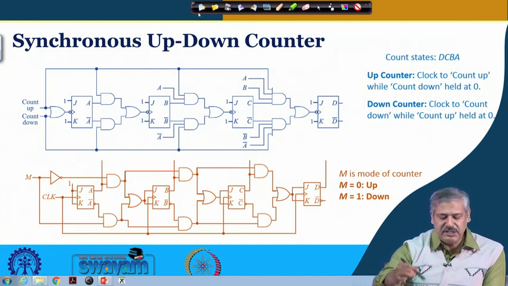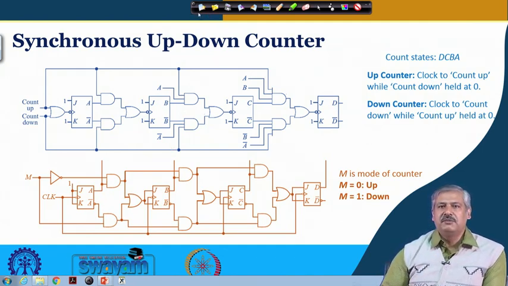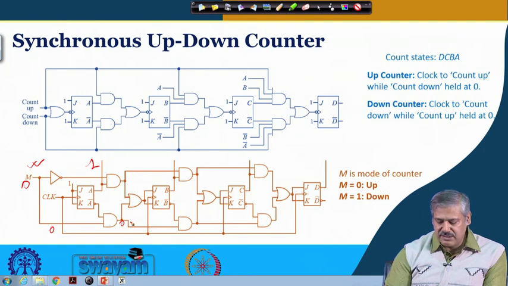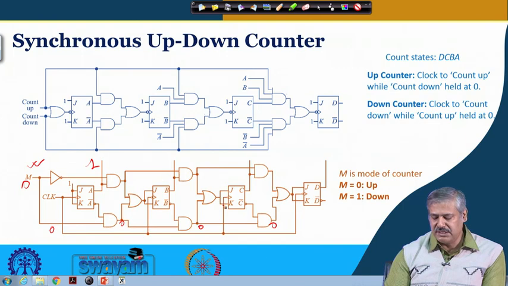And in the other arrangement, again similar to the asynchronous up down counter, we can have a mode control input. When it is 0, then this is 1 and this is 0. So, all these AND gate outputs will be 0 0 0, and then A is fed to the JK input, and in this case A and B ANDed is fed to the JK input.